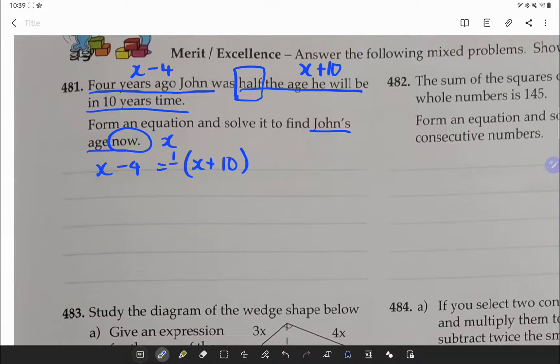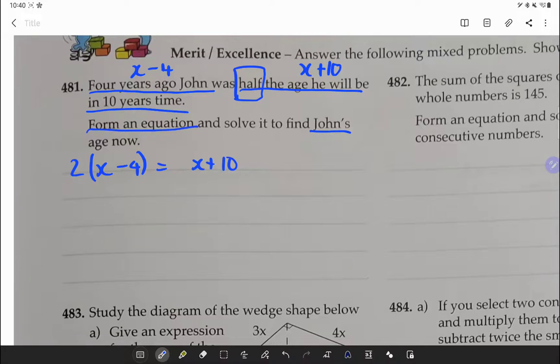I can say that, but I could also move that half away and say that. So twice the age he was 4 years ago is the same as his age in 10 years.